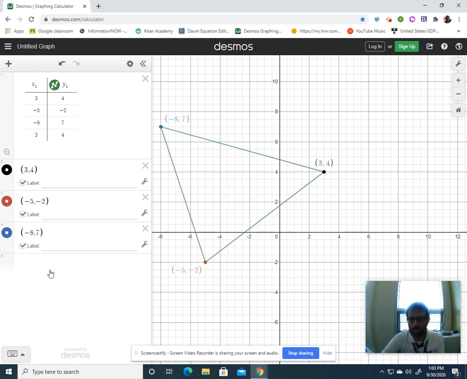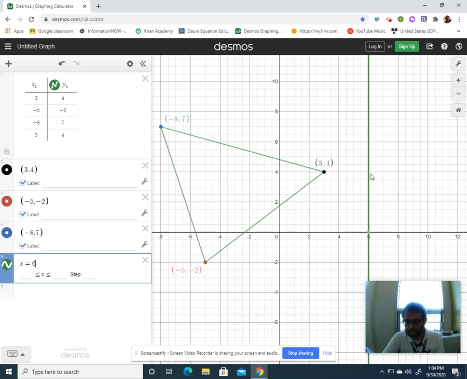Where it gets a little harder is if you're going to go over a given, like a non-axis line. Now, I'm not going to do any slopey lines. We're going to stick to horizontals and verticals. So if you want to go over, let's say, x equals 6. Okay, the key here is distance remains the same in a reflection. So this distance from the point to the line of reflection remains the same.